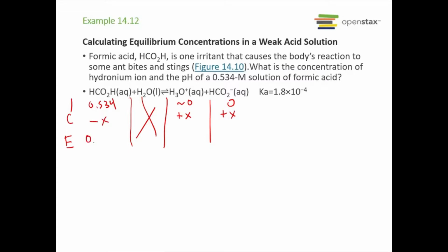So at equilibrium then of our formic acid, we have 0.534 minus X, and of our products, we just have X and X. So our Ka is equal then to products, so we have X times X over 0.534 minus X.